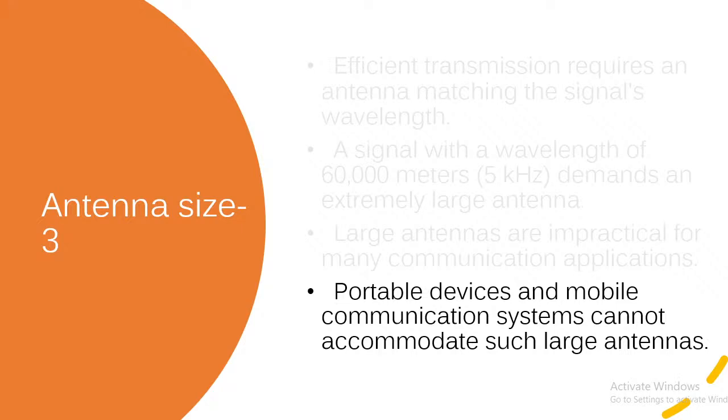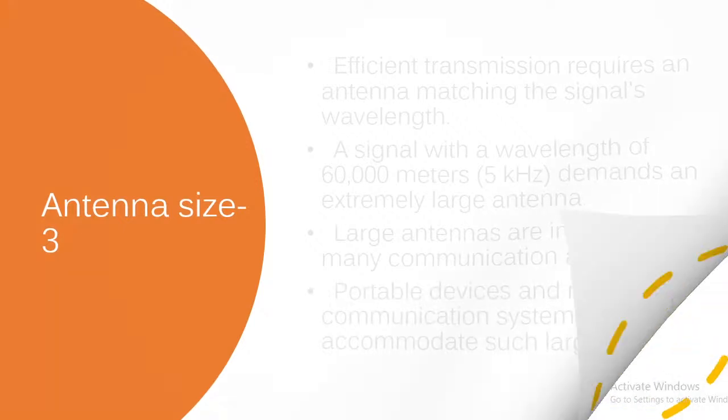Forget portable devices like a laptop or phone; you cannot put a 60 kilometer antenna in your phone or laptop, so it is not possible. Therefore, baseband signals cannot be transmitted wirelessly. Wireless transmission of the signal is not possible because the antenna size becomes extremely high and impractical.